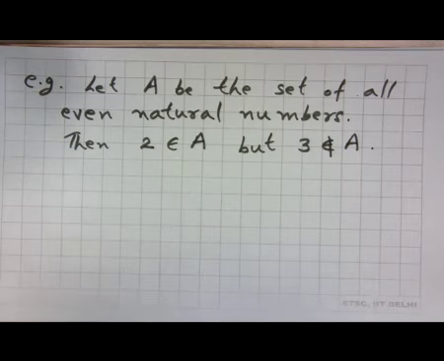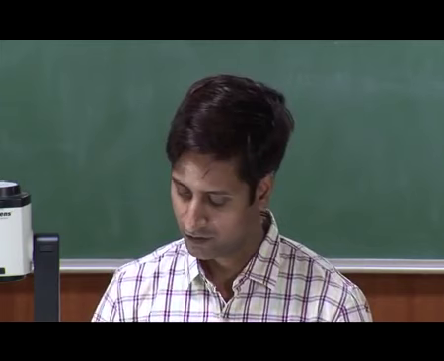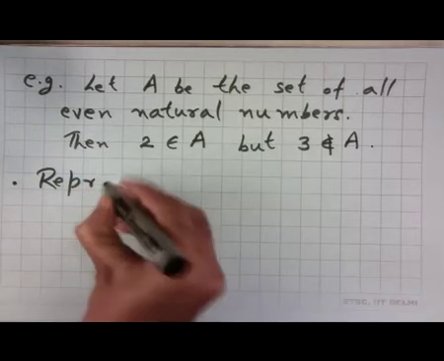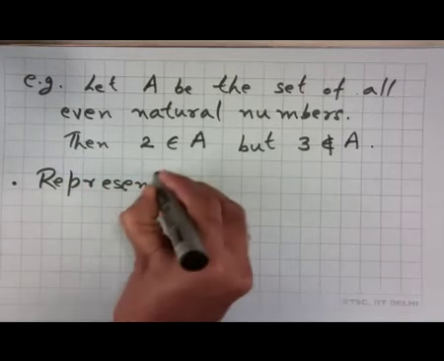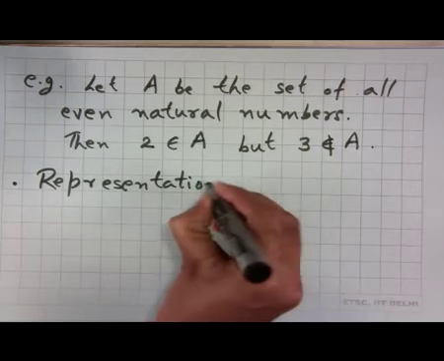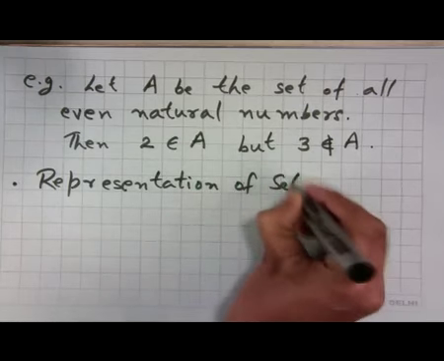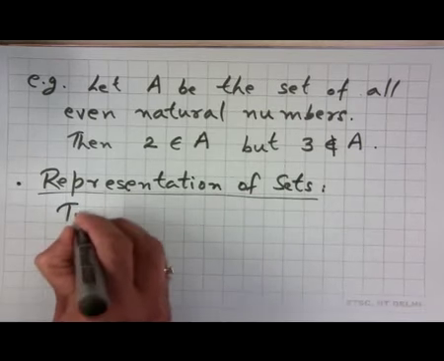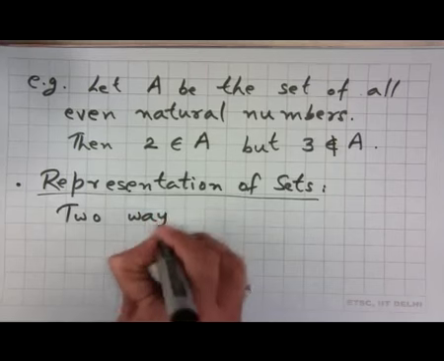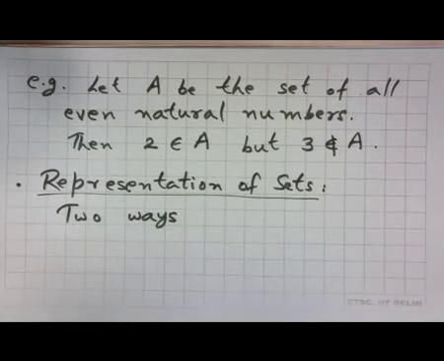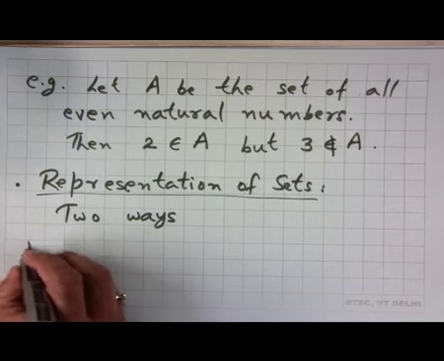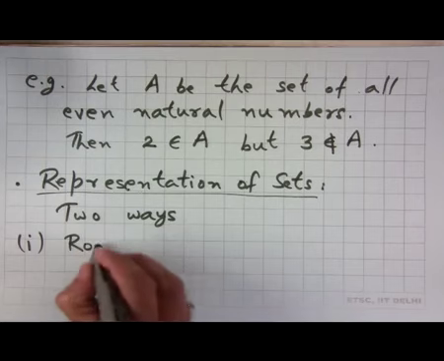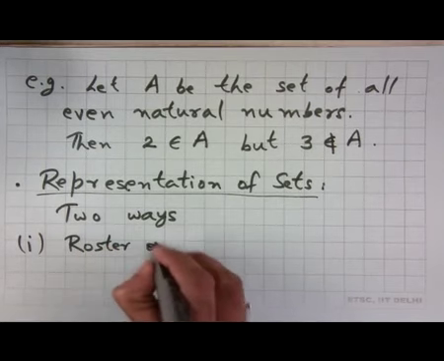Now we will see how to represent a set. Representation of sets. There are two ways by which we generally represent a set. First one is called roster or tabular form.